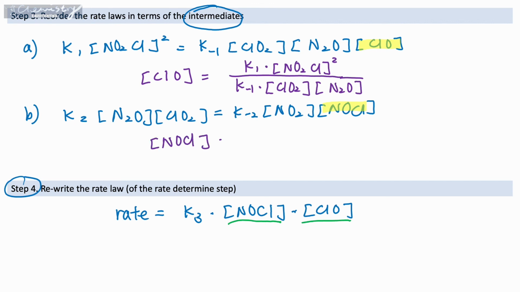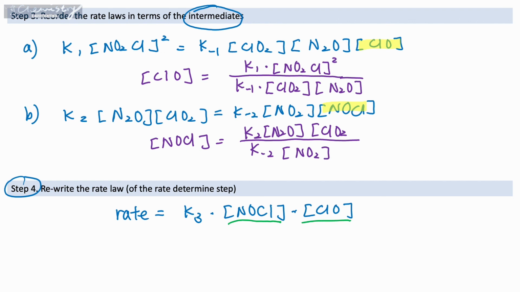NOCl is equal to basically everything here divided by this. So that is K2 N2O ClO2 divided by K negative 2 and then NO2. So that is how we rewrite it.